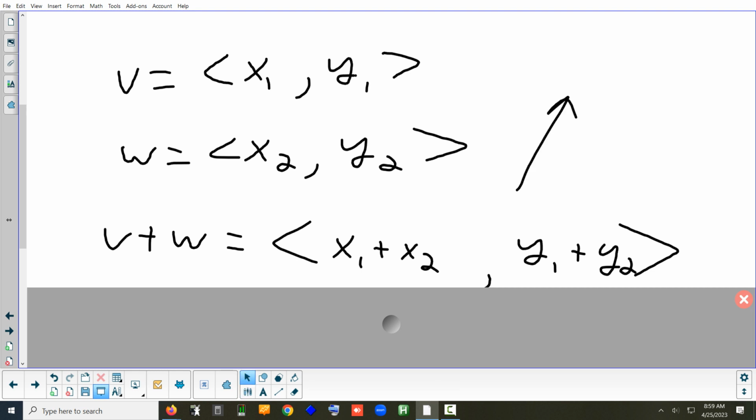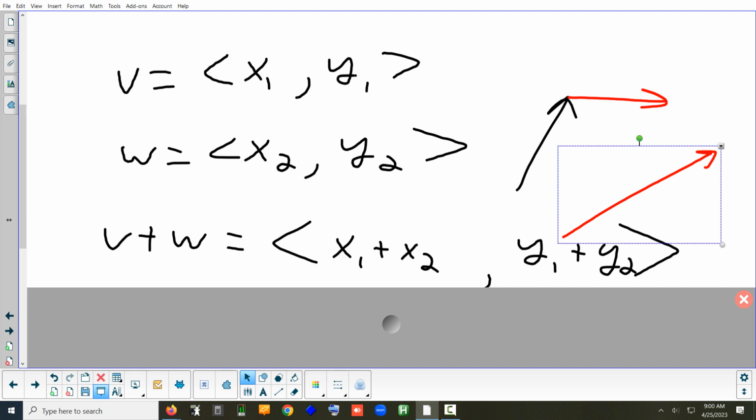If that's a vector, and that's a vector, you want to add those 2 together visually. I explained this in the video, but you have to line them up like that, and then you have to draw the diagonal. That is what those 2 vectors look like added together.